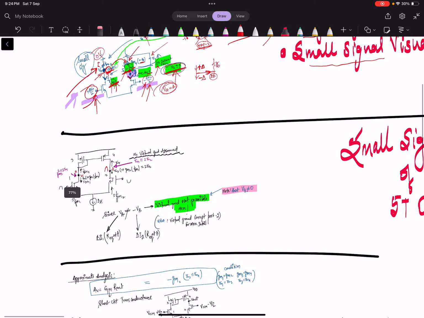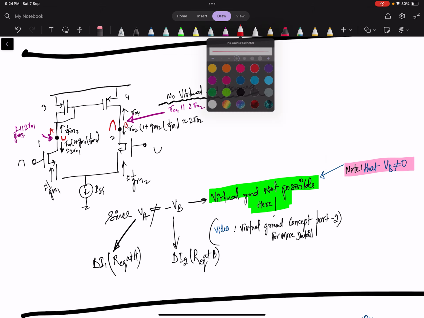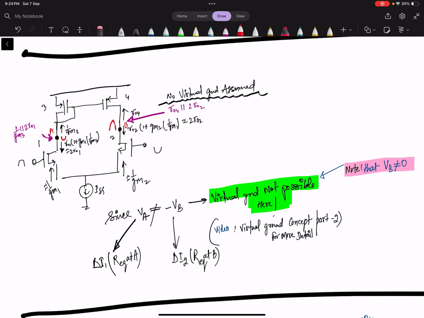Before going to that, I wanted to share one thing. I want you to look at the circuit and ask, can we say that virtual ground is applicable here? Can we use the concept of virtual ground here? Note the most important thing: this potential is not 0.